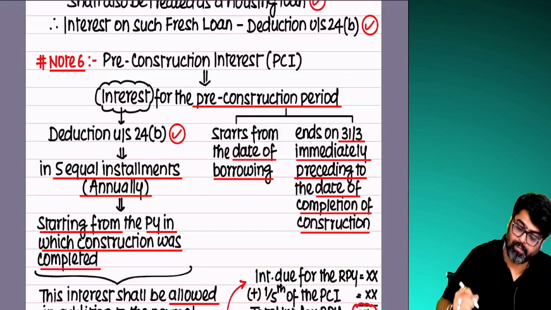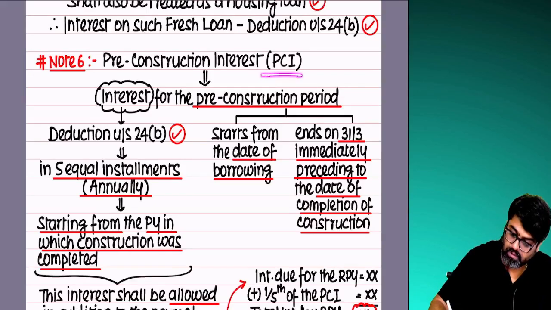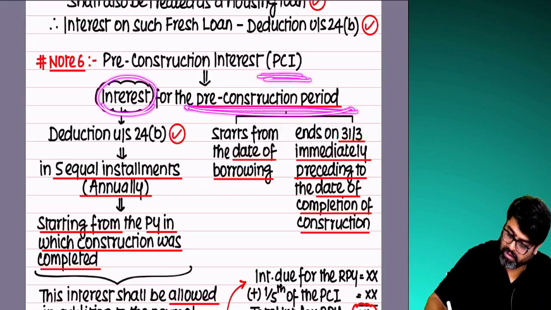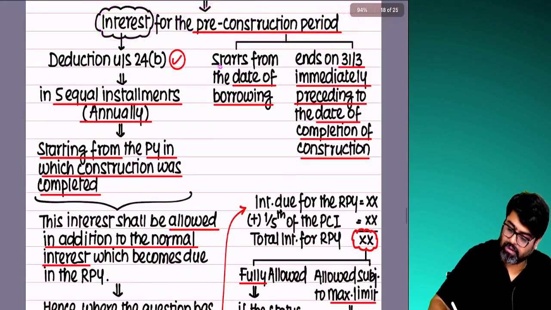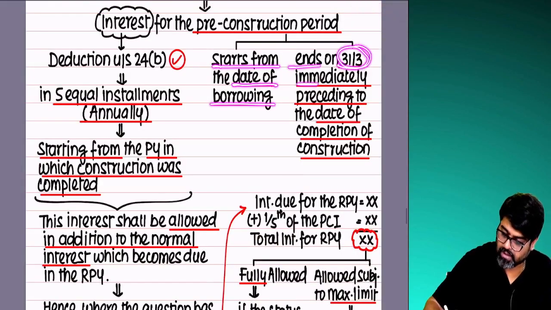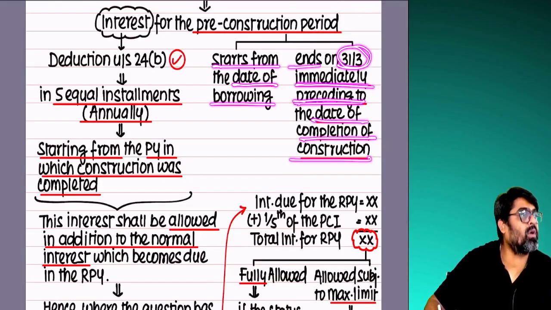Did you understand the pre-construction interest, everyone? What is pre-construction interest? Pre-construction period will start from the date of borrowing and it will end on 31st March immediately preceding the date of completion of construction. We call it DOCOC.